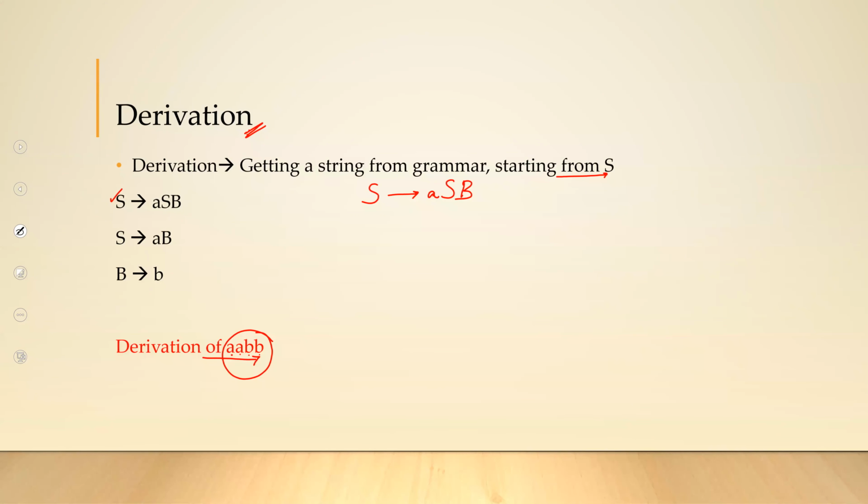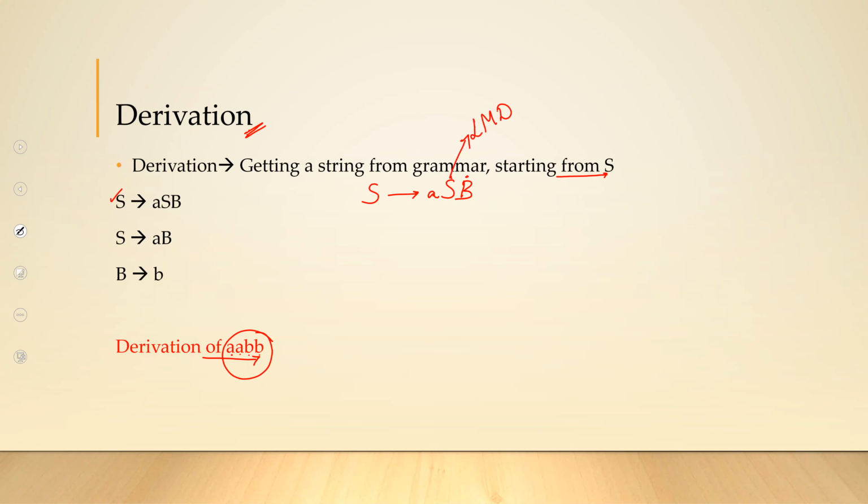Now look here, you can either use S in the next step and then write a derivation, or you could use B in the next step and then do a derivation. Now S lies on the left, B lies on the right. If you use S in the next step, you will call it a leftmost derivation.